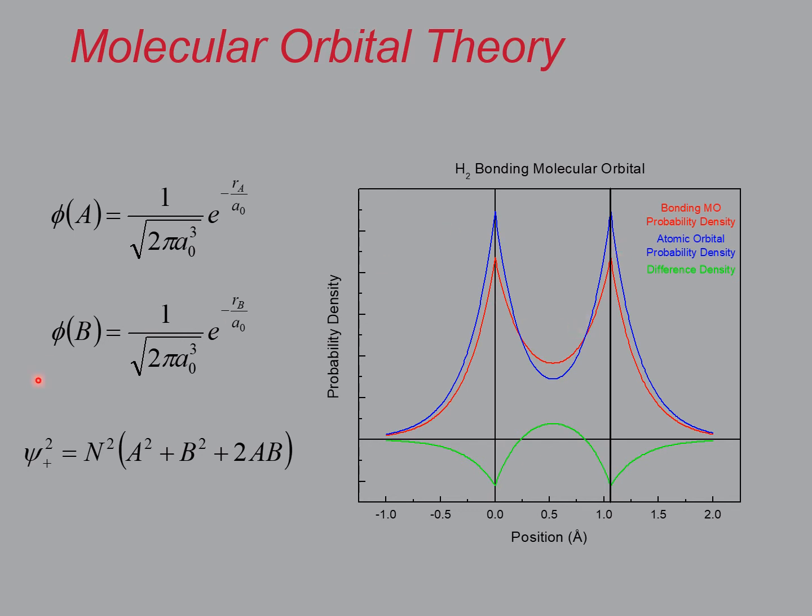Now, remember that this new molecular orbital wave function is more than just the sum of the two. And so I've plotted out this function here, and that's what the red line is. And look at the difference. These bars here show where the two nuclei are. Notice how the red line is higher in between the nuclei, and it's actually less on the outside.